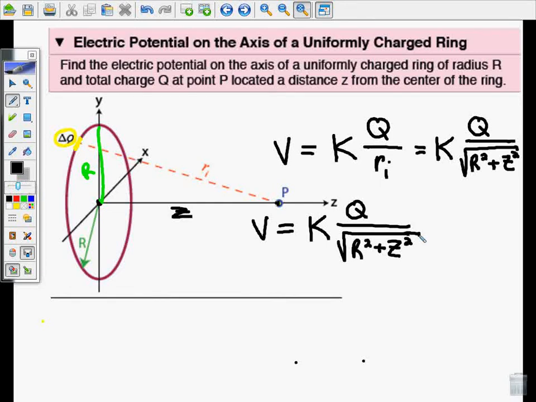That turned out to be relatively easy because all of the charge is located at the same distance, R sub I, from the point. So we didn't really have to do any fancy integrating.